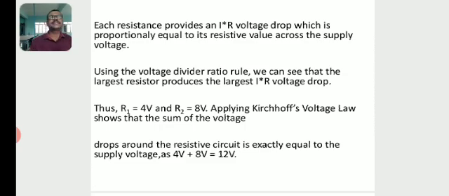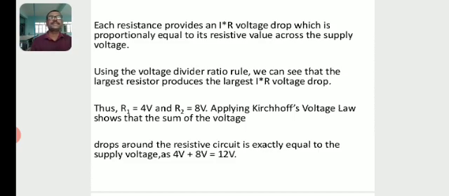Each resistance provides an IR voltage drop which is proportional to its resistive value across the supply voltage. Using the voltage divider ratio rule, we can see that the largest resistor produces the largest IR voltage drop. Thus, the voltage drop across R1 is equal to 4 volts and the voltage drop across R2 is equal to 8 volts.